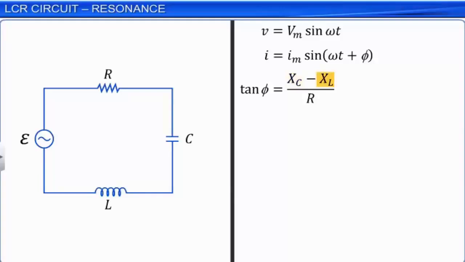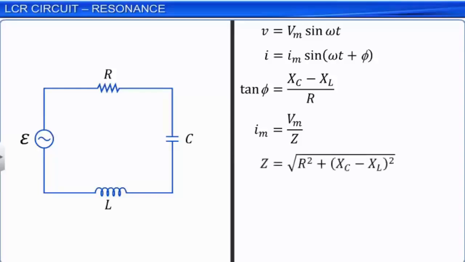We know that the amplitude of current Im in an LCR circuit is given by Vm by Z, where Z is the impedance of the circuit. In terms of capacitive reactance Xc and inductive reactance XL, we have Z equal to square root of R square plus Xc minus XL square.